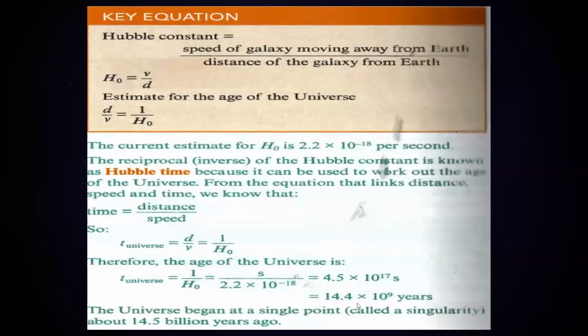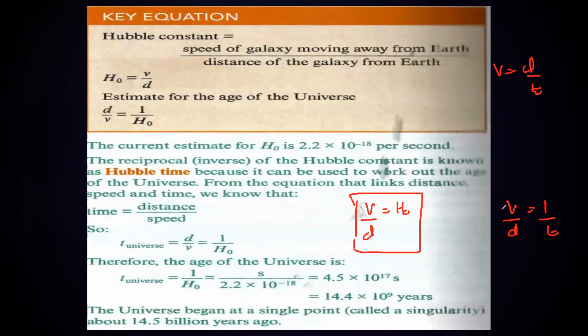Why 1 over time? Because, as you can see, speed divided by distance is the Hubble constant, and speed divided by distance, or velocity divided by distance, is 1 over time. Because speed is distance divided by time, so D is multiplied on one side, on the other side it will be divided. 1 over time is equal to speed divided by distance. So according to one equation, speed divided by distance is Hubble's constant.